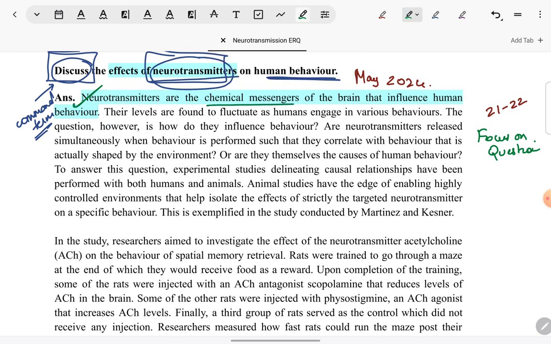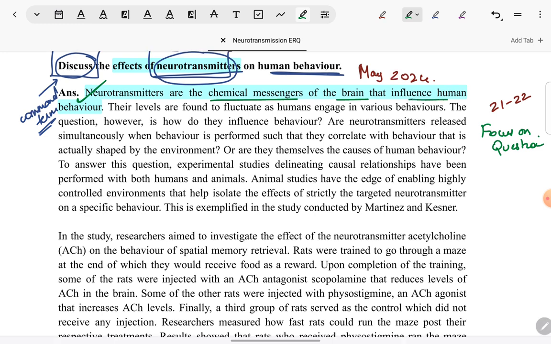They are chemical messengers of the brain. That helps define it. But then we don't go on revolving around what neurotransmitters are meaninglessly, just to show that we have memorized well from the textbook. Immediately we connect it to the question, that they influence human behavior, and then we immediately begin with the first argument. What you see here is the first argument, very importantly, explained.